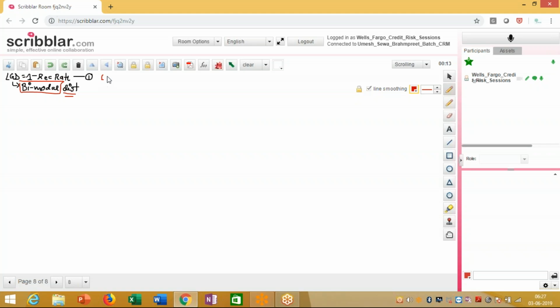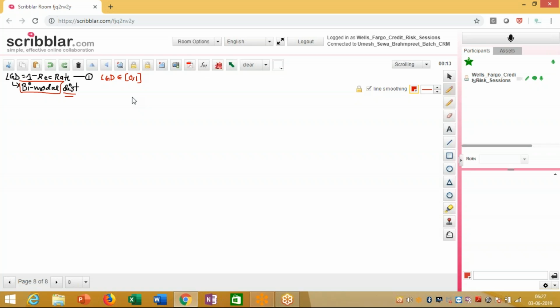The way I have defined the LGD value over here, LGD belongs to 0 and 1, so LGD has been defined as a fractional value.